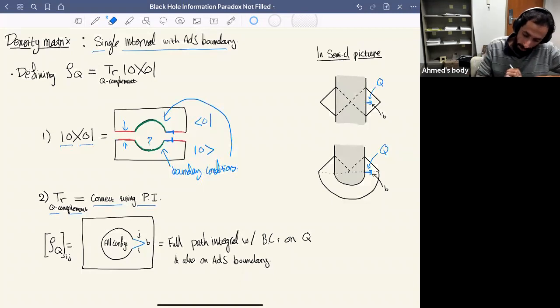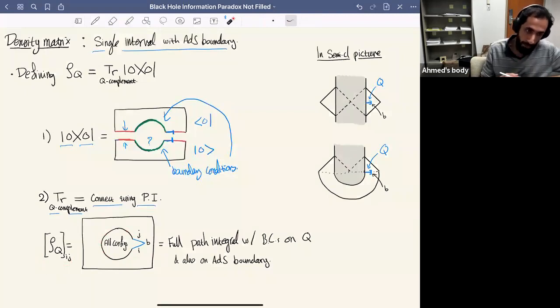What this picture is supposed to describe is that you're supposed to evaluate the full path integral, both the QFT and the gravity, subject to the boundary conditions on Q, because we are looking at matrix elements rho i, j. Those are the boundary conditions here, i and j, and also the boundary conditions that we have to impose here, which come from specifying the boundary conditions for gravity.